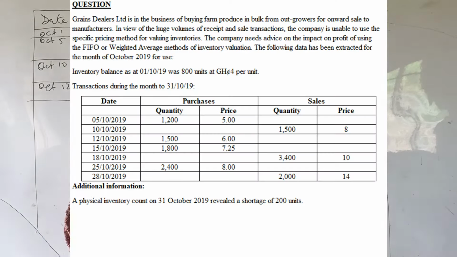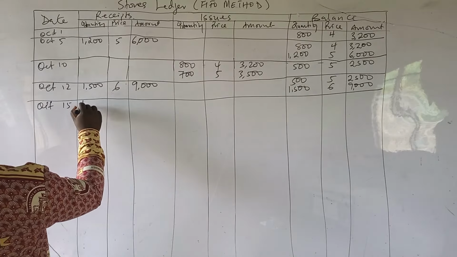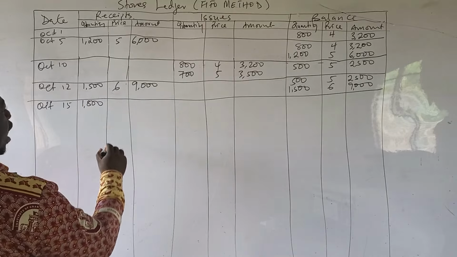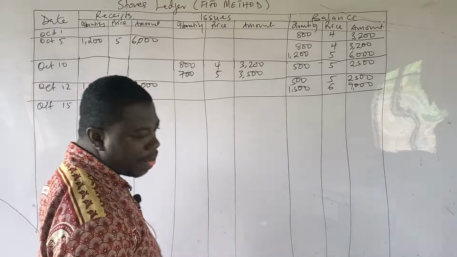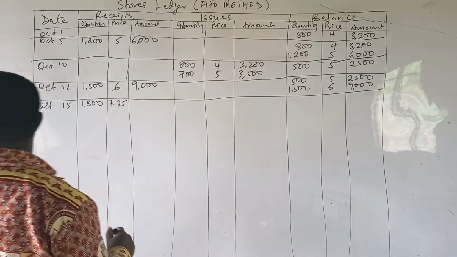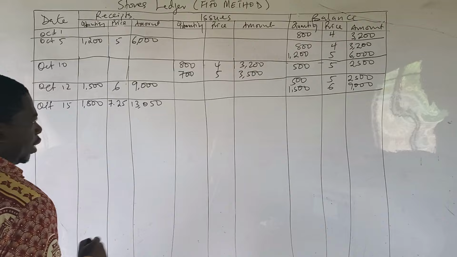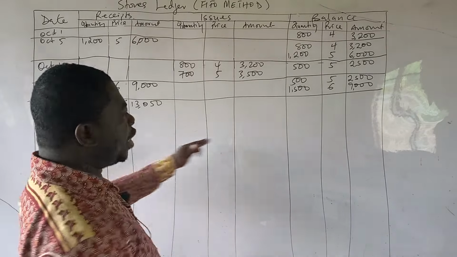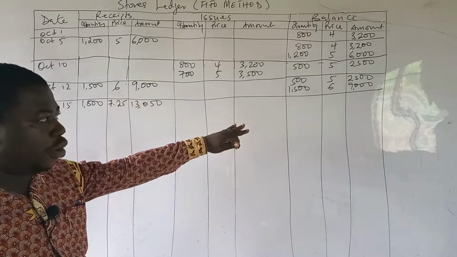The next one is on the 15th, another receipt or another purchase of 1,800. So October 15th, a purchase of 1,800 at a price of 7 cedis, 25 pesewas. And that is going to give us 13,050. And so when we come to the balance, we will repeat what is originally there before we bring in this.